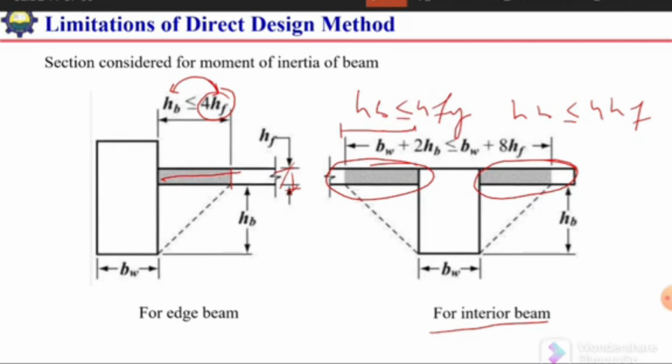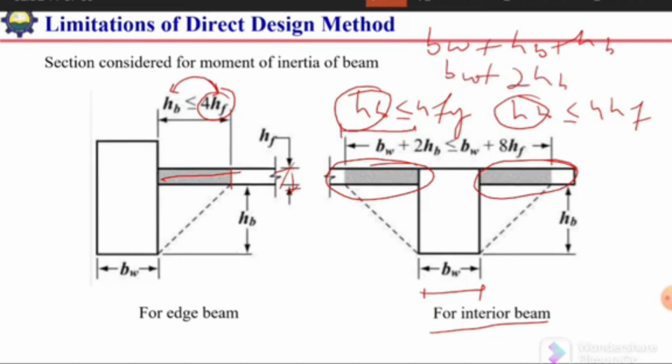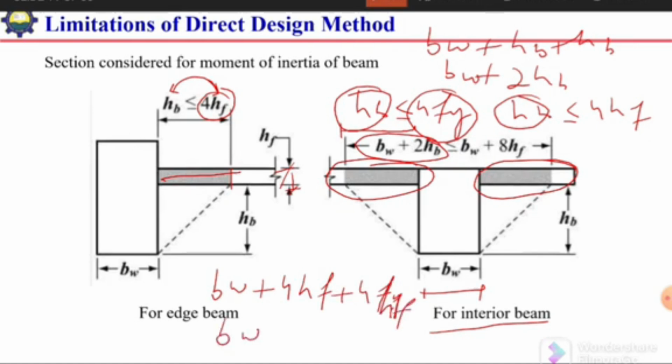Once we add this to BW, the width of the beam, and HB is the governing value, it will become BW plus HB on one side and HB on the other side, so BW plus 2HB. Similarly, if 4 times HF governs, then it becomes BW plus 4 times HF plus 4 times HF, so BW plus 8 times HF.